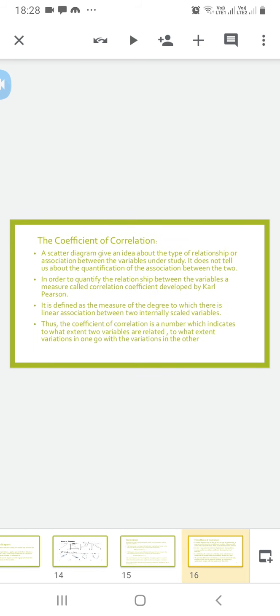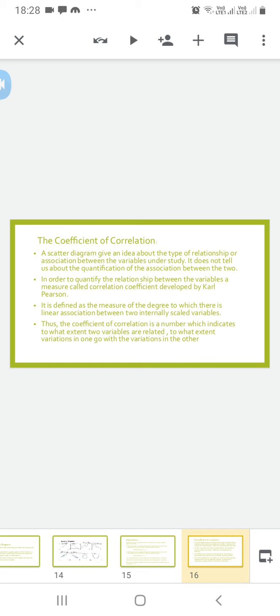The coefficient of correlation. A scatter diagram gives an idea about the type of relationship or association between the variables under study. It does not tell us about the quantification of the association between the two.